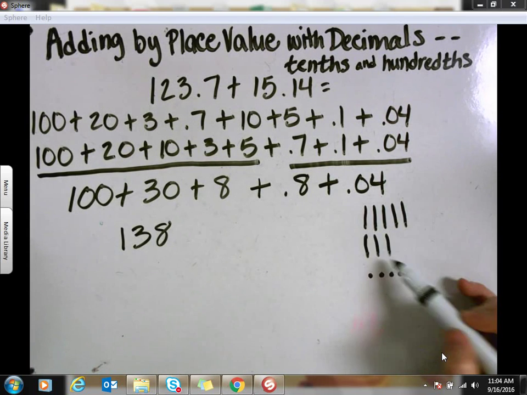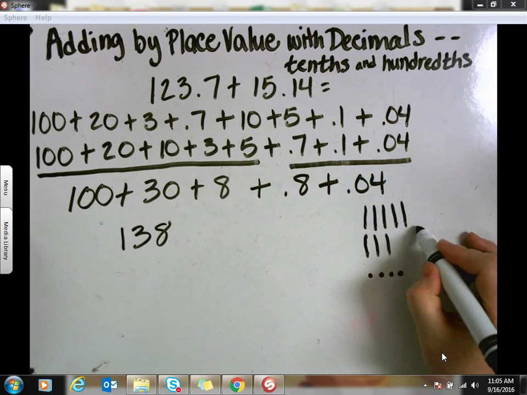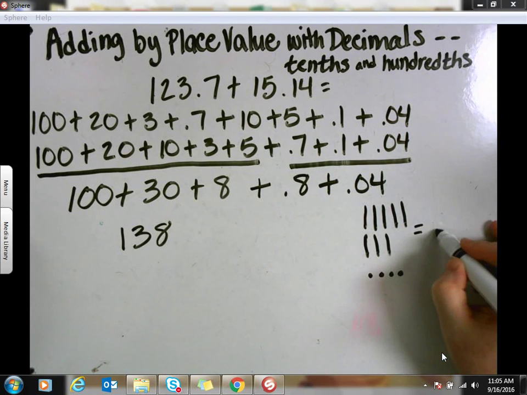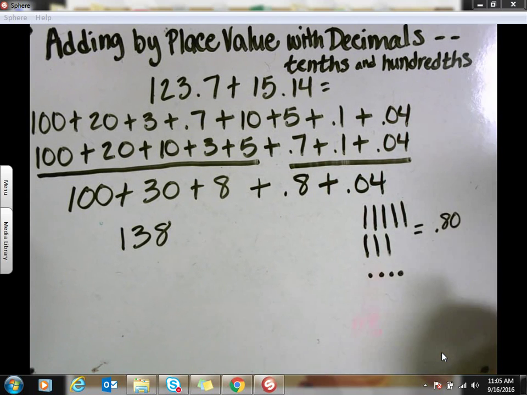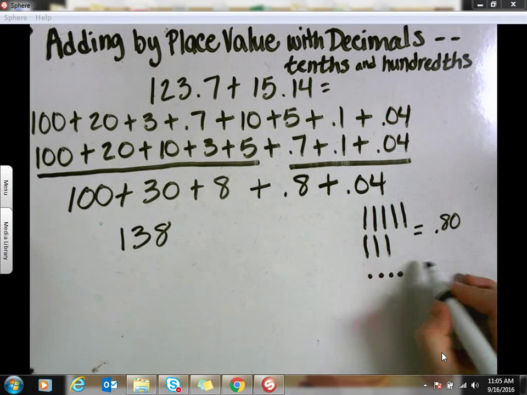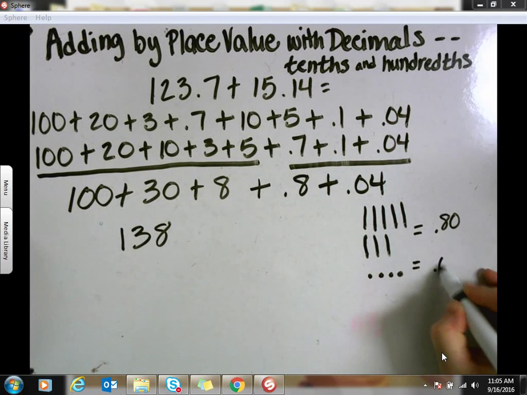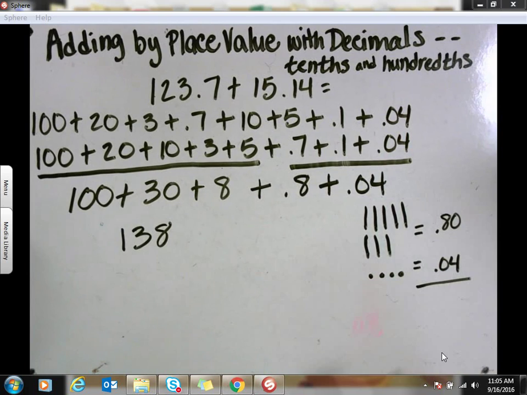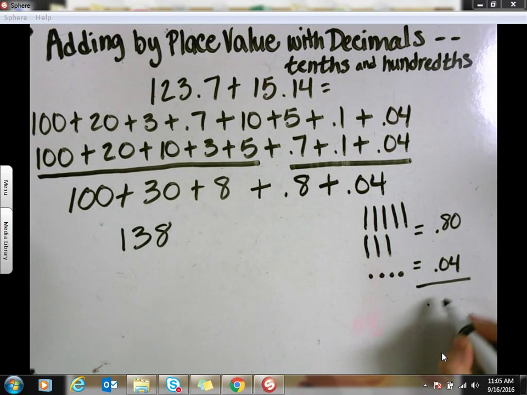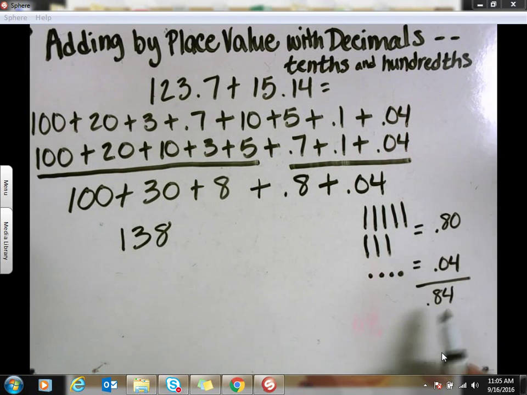When I see this picture of 8/10, I know this also equals 80 hundredths. And I have the 4/100. If I group those back together, I now have 84 hundredths, or 8/10 and 4/100.